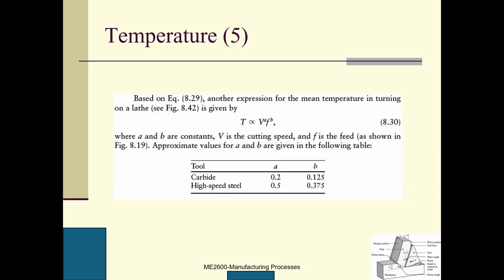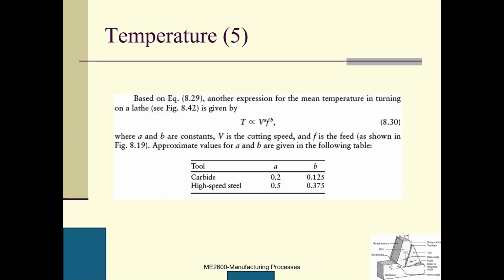A and B are constants, and these two values depend upon what kind of tool you are using. V is the cutting speed, F is the feed. Sometimes it's called feed, sometimes feed rate. Same thing, don't be confused. Here are given values: for carbide, A equals this, B equals this.